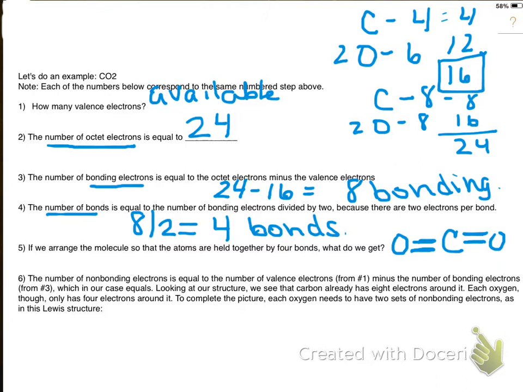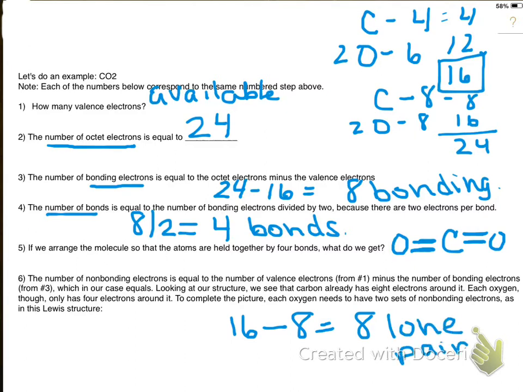Now, how many electrons do we have left over? The number of non-bonding electrons is equal to the number of valence electrons from number 1, so in our case 16, minus the number of bonding electrons from number 3. In this case, our bonding electrons was 8. So that leaves 8 what we call lone pair electrons.